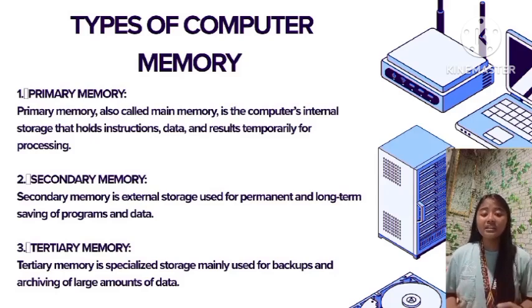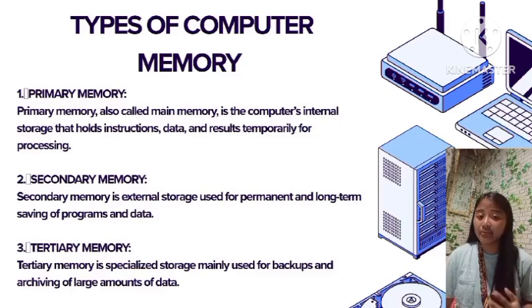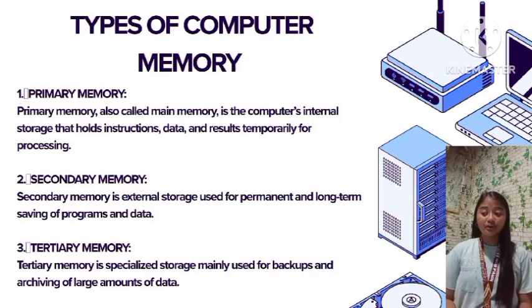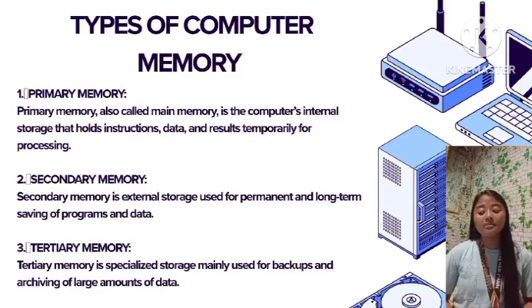However, secondary memory is generally slower than primary memory, because it is not directly connected or linked to the CPU. The last type of computer memory is tertiary memory. Tertiary memory is specialized storage mainly used for backups and archiving large amounts of data.